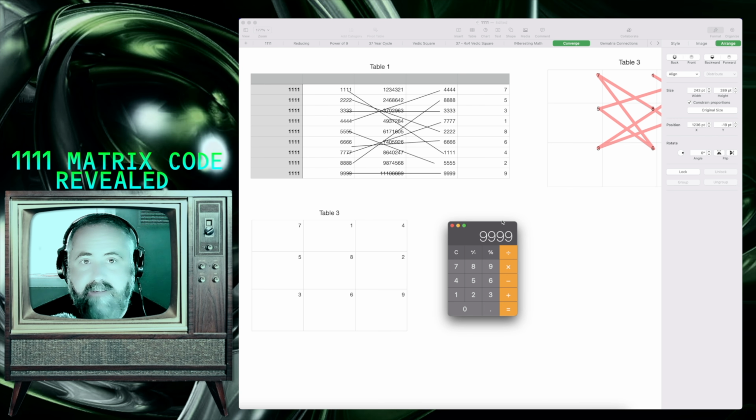So again, the number 37 works like an input-output processor. Just thought that was kind of cool.